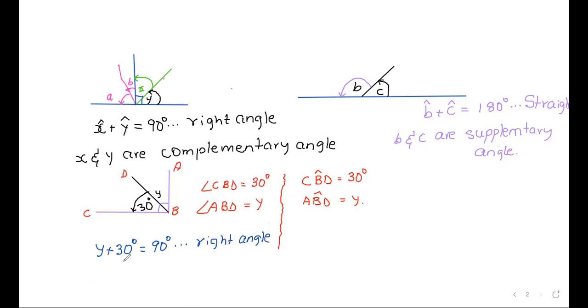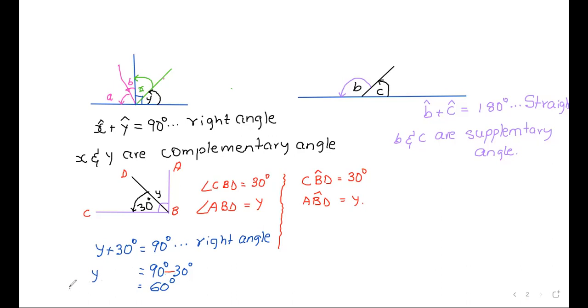Now here we have a simple linear equation where we say y will equal 90 degrees. We transpose the 30. If you transpose the 30, it becomes minus 30. 90 minus 30 will give you 60 degrees.